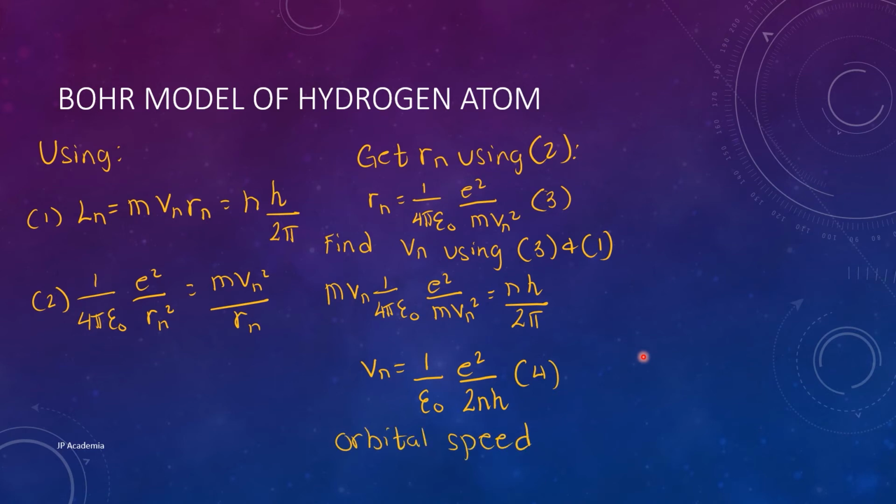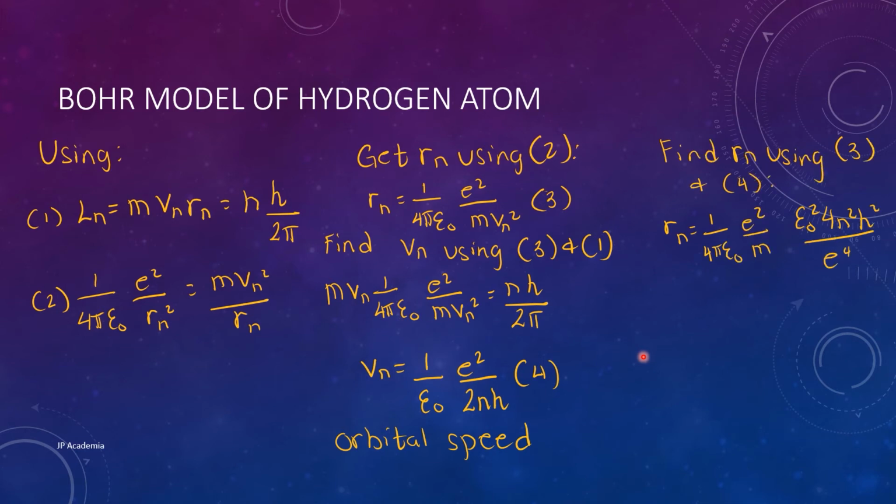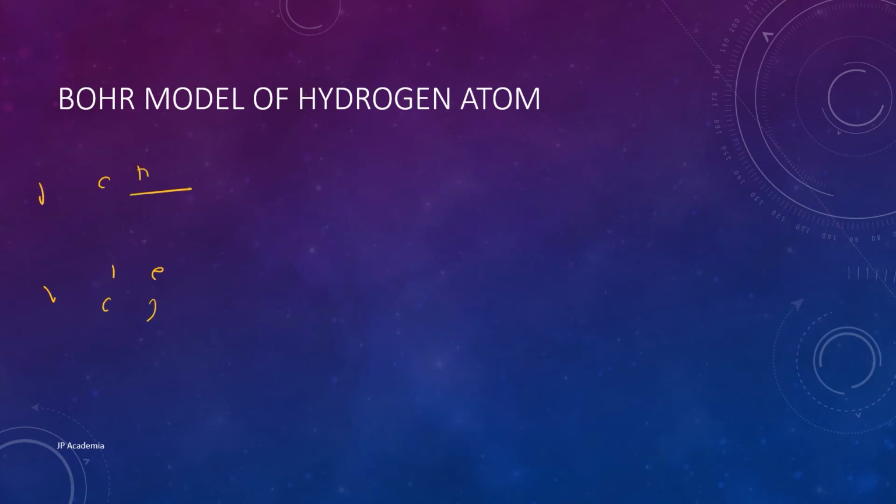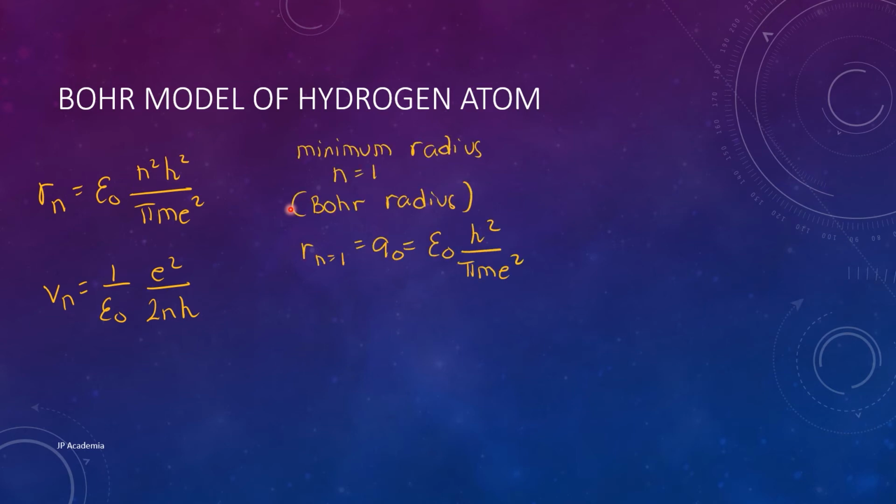So now we will get the expression for Rn. We can find Rn using equation number 3 and equation number 4, which is our expression for our orbital speed. Thus, we can get this final expression for our orbit radii. The orbit radius is proportional to n squared, as shown, wherein n is our principal quantum number. We can get the smallest orbit radius by making n equal to 1.